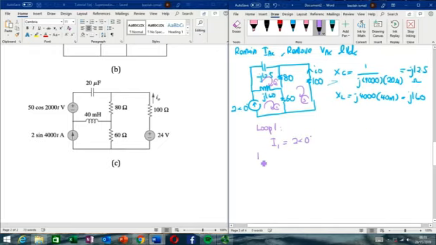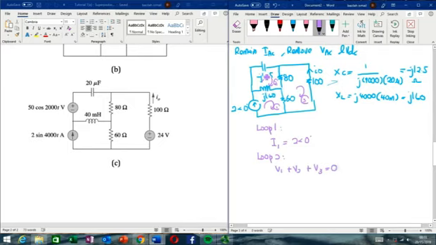And for loop 2, apply KVL. Okay, so voltage 1 plus voltage 2 plus voltage 3 is equal to 0. V1 plus V2 plus V3 is equal to 0.